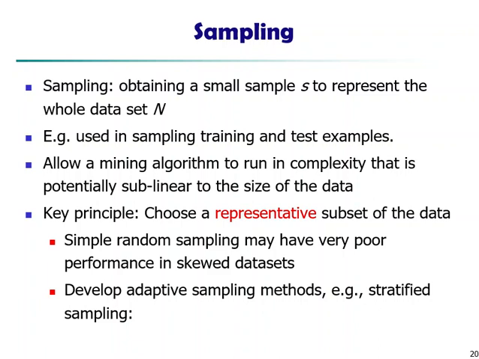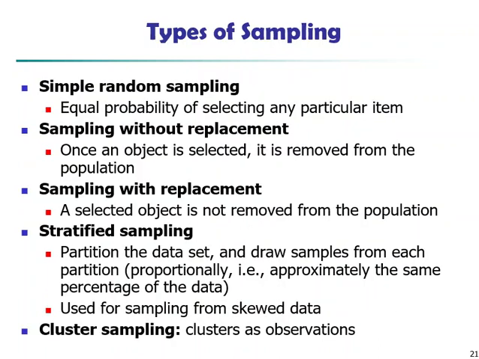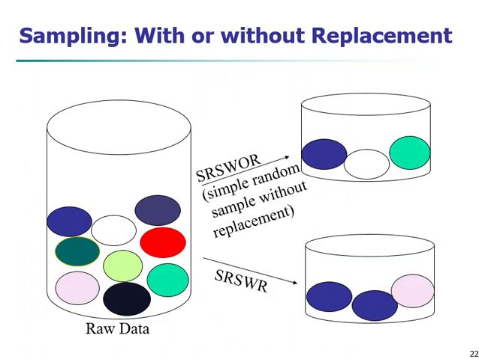There are multiple sampling methods, and some basic, easy to use and widely used methods are covered here. You can read the text, but I have pictures that will be easier to look at. The simplest method is simple random sampling without replacement.